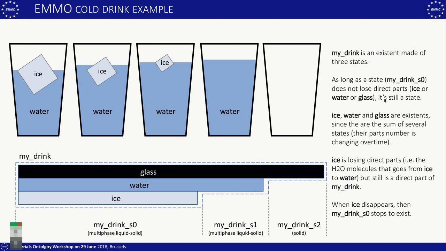So we're looking here at water and ice and the glass, but if one was to look at just water molecules, for example, then there would be no change of state, at least for the first four items.